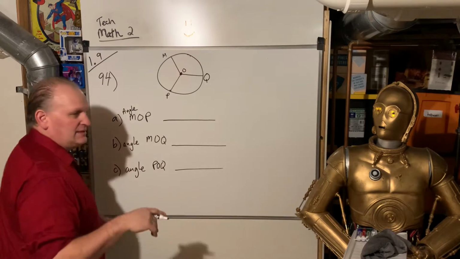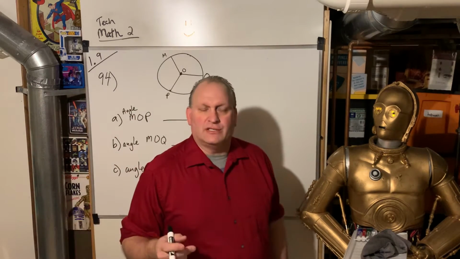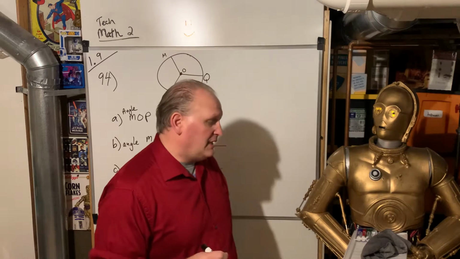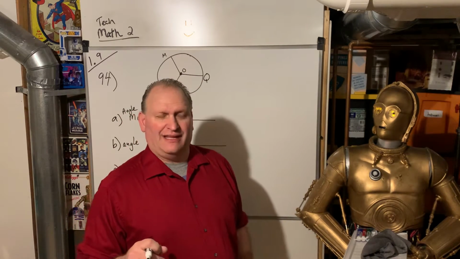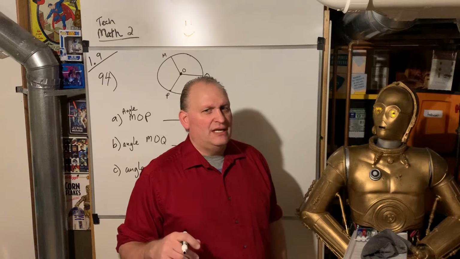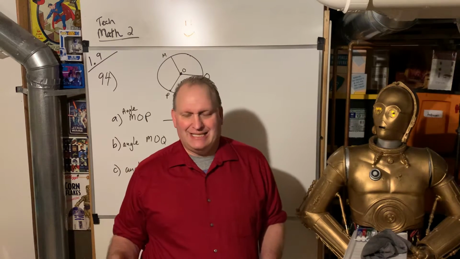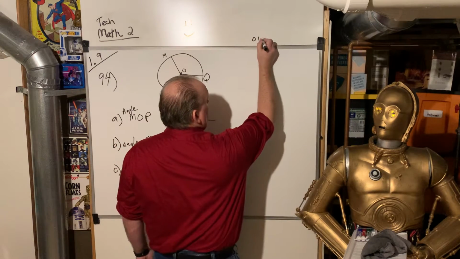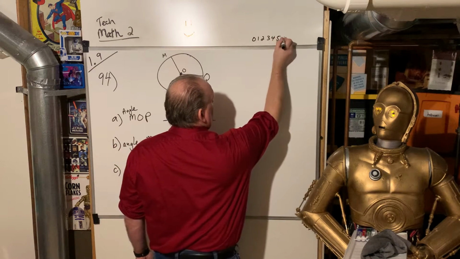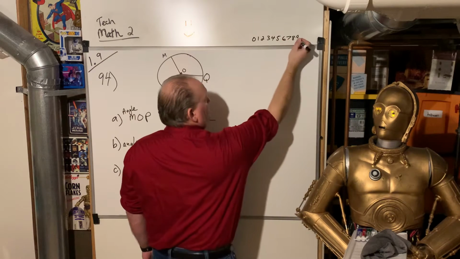So degrees, there's 360 degrees in a circle. That actually comes from ancient Mesopotamia, I think also known as the Babylonians. They had a base 60 number system. Like we have a base 10, meaning that there's 0, 1, 2, 3, 4, 5, 6, 7, 8, 9.